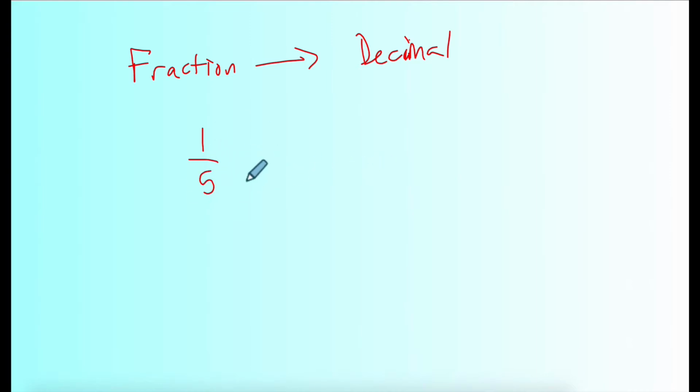This fraction, 1/5, you can take it directly to a percentage because percents are out of 100, and fifths, you can turn 1/5 into an equivalent fraction that has 100 as the denominator. And the way you can do that is multiply by 20 and do the same thing on top. 1 times 20 is 20. So 1/5 is equal to 20%.